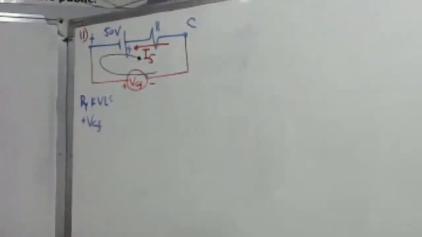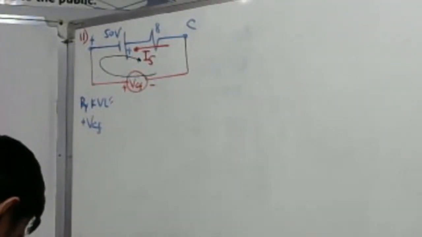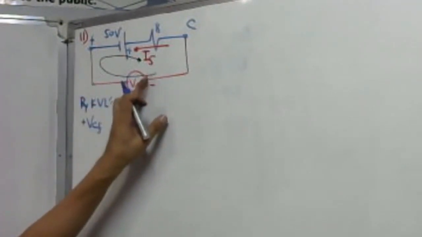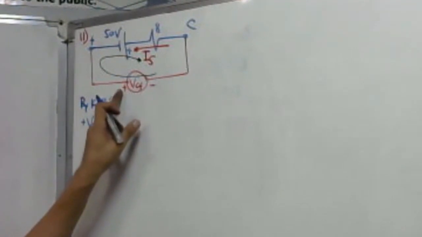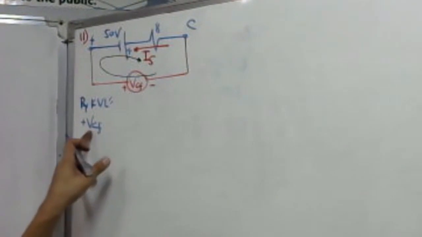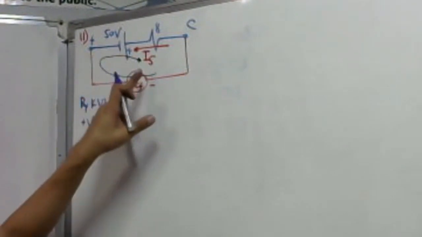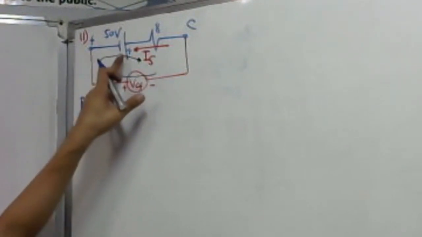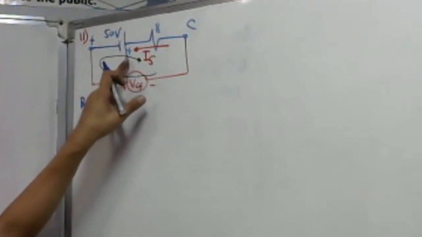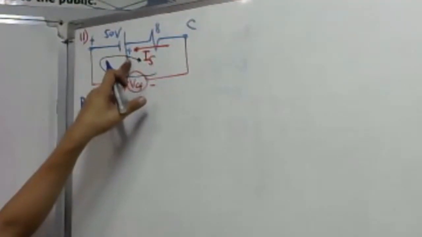Okay. So we have here our positive VCF. When the circuit tracing leaves on the positive of the voltmeter, that is positive VCF. If it leaves on the positive of 50 volts, doon lumabas, at positive 50 volts.